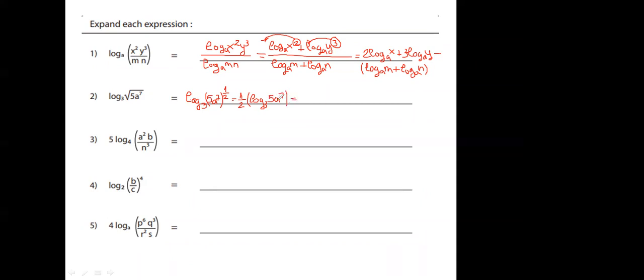Now I have 5 times a. So I can separate this, it's like the multiplication rule. So instead of having this multiplied, we need to do the sum of them. So I have 1/2. For the first one, I have logarithm 3 of 5. And for the second one, this is the multiplication, I have the plus sign.